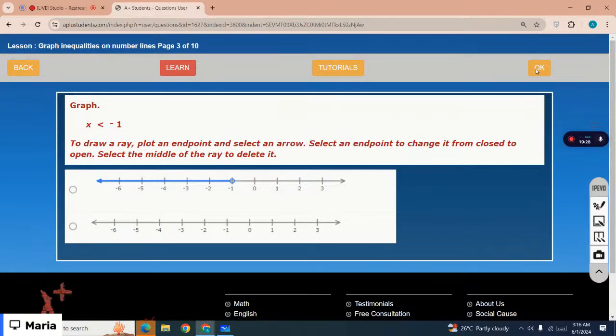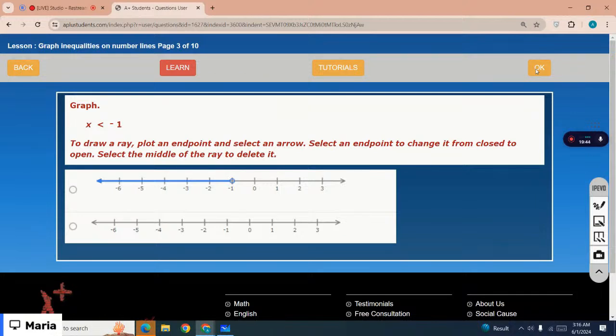Okay, the next one is x is less than -1, so which is the correct option? That means x can be any number that is less than -1, but -1 is not the solution.